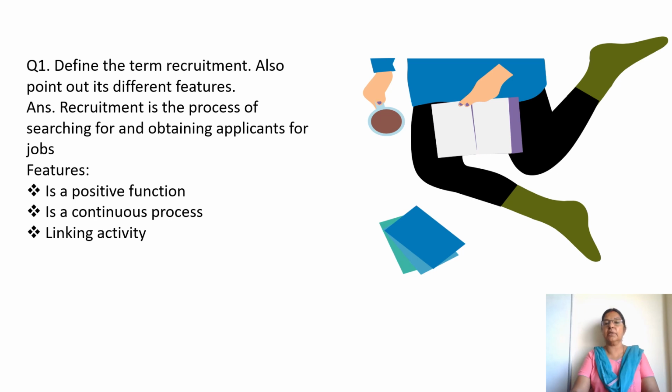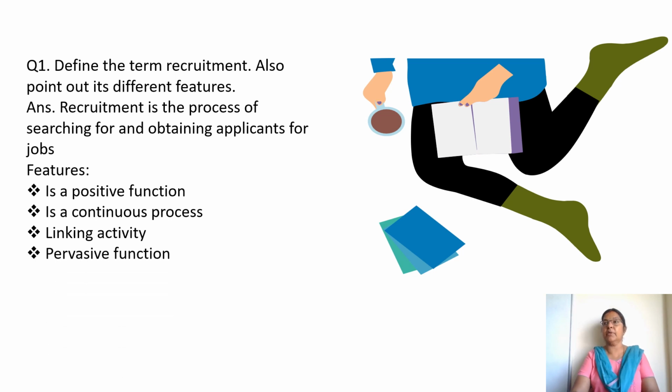The third feature is it is a linking activity. It links employers to potential employees. The company is the employer. When they put forth these advertisements and start the recruitment process, they come in touch with the potential candidates, that is, the applicants who are applying for these jobs.